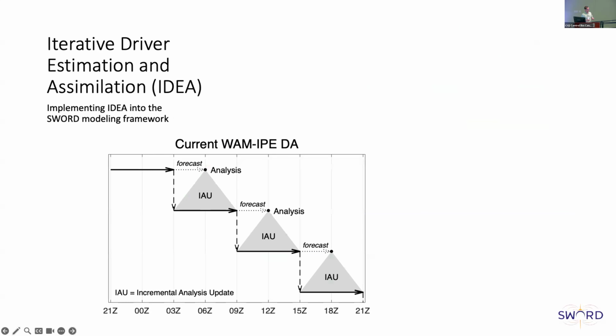This slide is just into our thinking of how, in terms of the Sword Center, we would integrate this kind of a method with the operational run of WAM or WAM IPE that's happening within the National Weather Service. And so this is the current WAM IPE DA system, and the DA that's going in there is the lower atmospheric component.